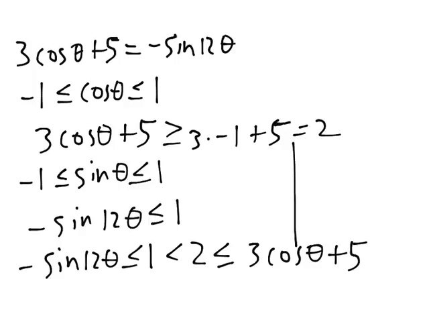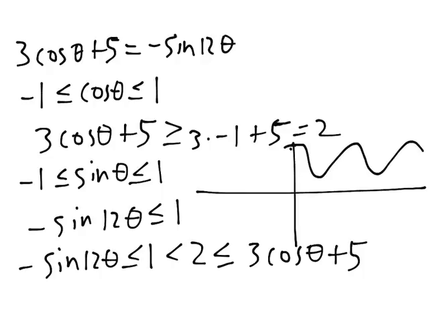For example, in this case, if we drew a graph, then the left side, 3 cosine theta plus 5, would look something like this, while minus sine of 12 theta would be something more like this. So we would have been able to tell ahead of time that these don't intersect anywhere.